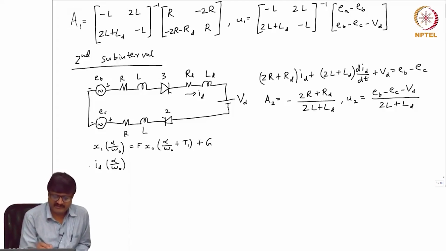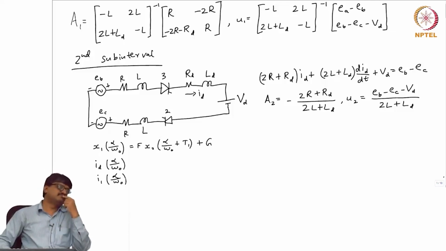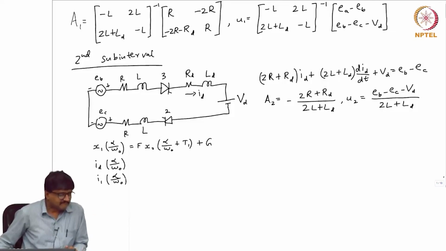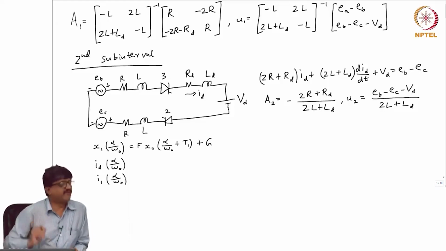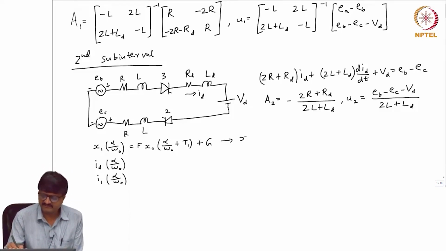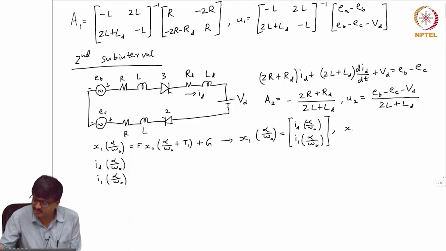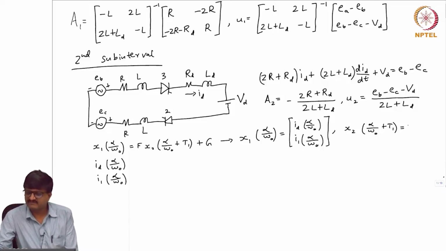What I need to do is write an expression for ID and also an expression for I1 at alpha by omega O. Here in this equation, x1 at alpha by omega O is ID at alpha by omega O and I1 at alpha by omega O. And x2 at alpha by omega O plus T1 is what?